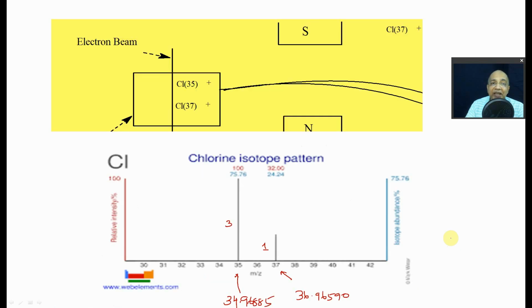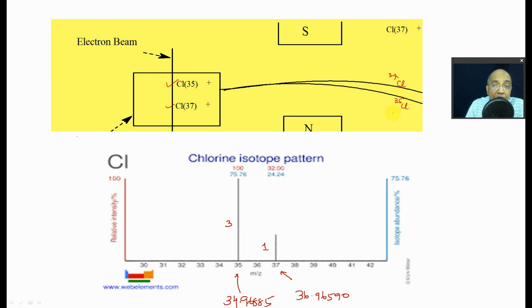Understand this. Now see, if this is chlorine gas containing two different isotopes, 37 and 35, and they are ionized by electron impact, and the two are separated inside an electric field or magnetic field, and this is the 35 isotope and this is the 37 isotope.